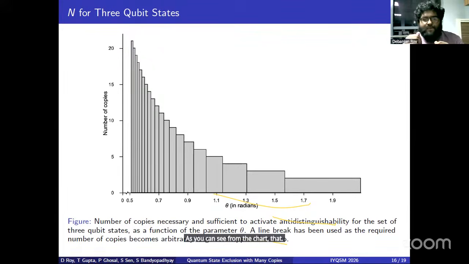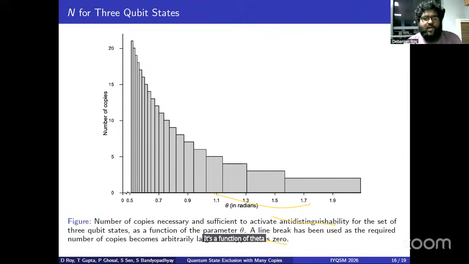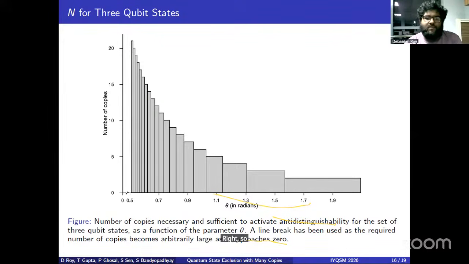As you can see from the chart, the number of copies required for the set of states to admit state exclusion has been plotted as a function of the parameter theta. As theta approaches 0, cos squared theta over 2 will approach 1, right? So as theta decreases, the pairwise squared overlap increases.